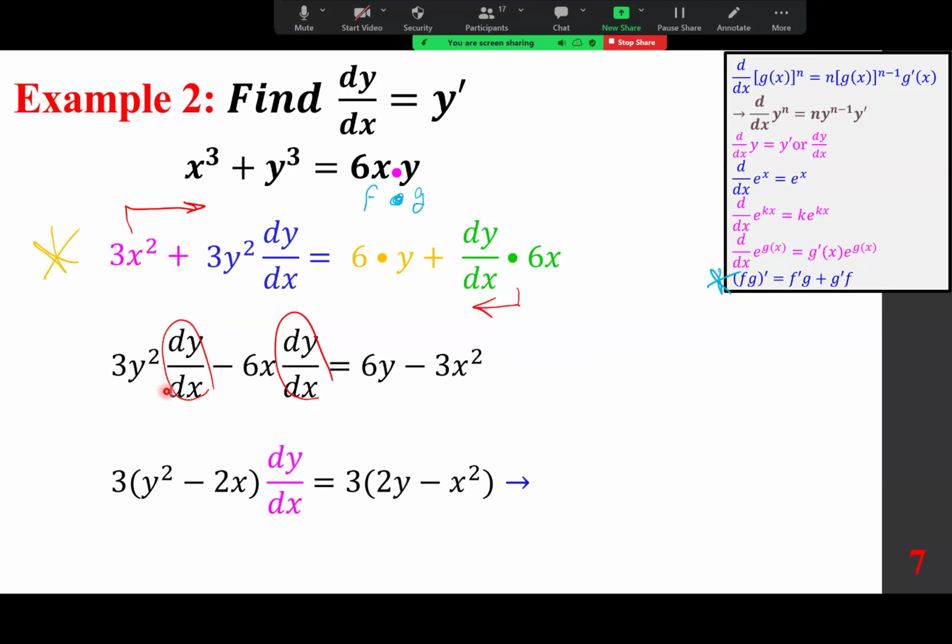So we get 3 times y squared minus 2x times dy/dx, and on the right side there's also a common factor of 3.